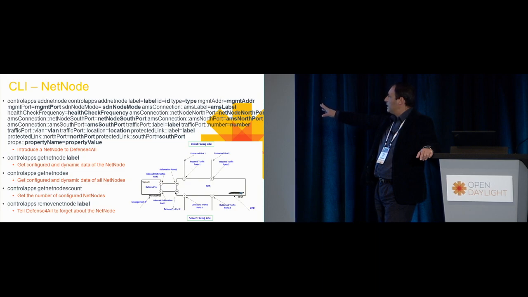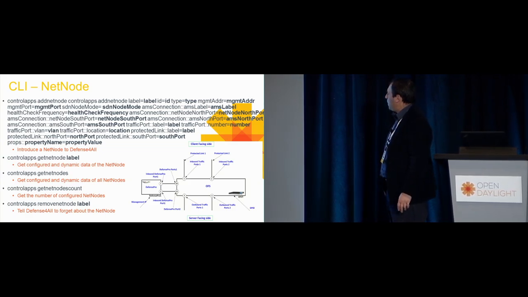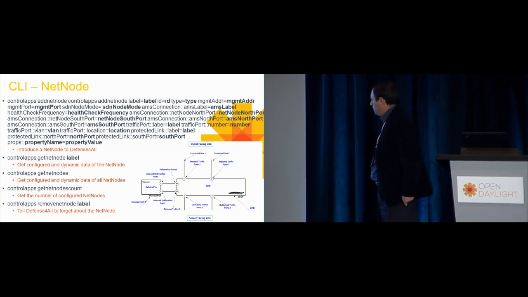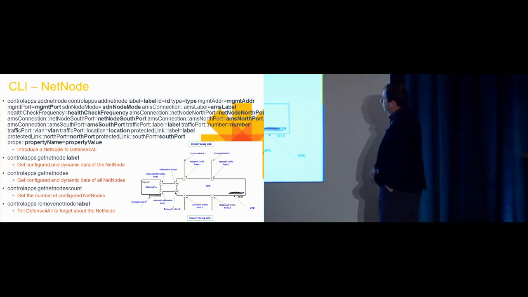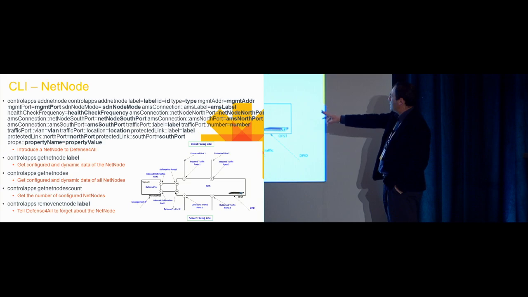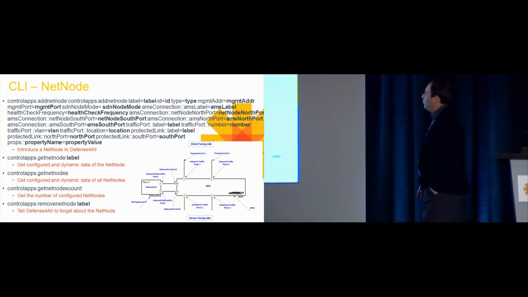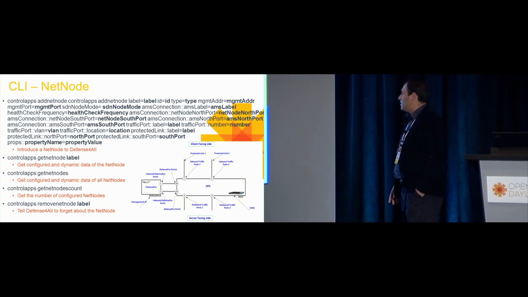In the simple setup over physical switches, we look at the switch and we identify the north ports, the south ports, and the ports that lead to mitigation devices. And we can have a set of protected links.